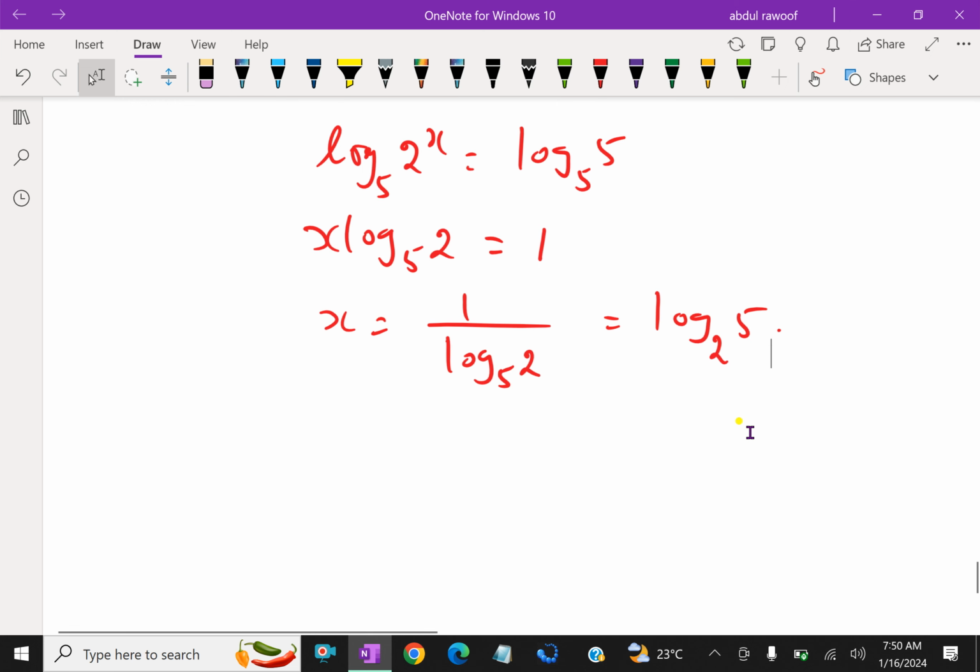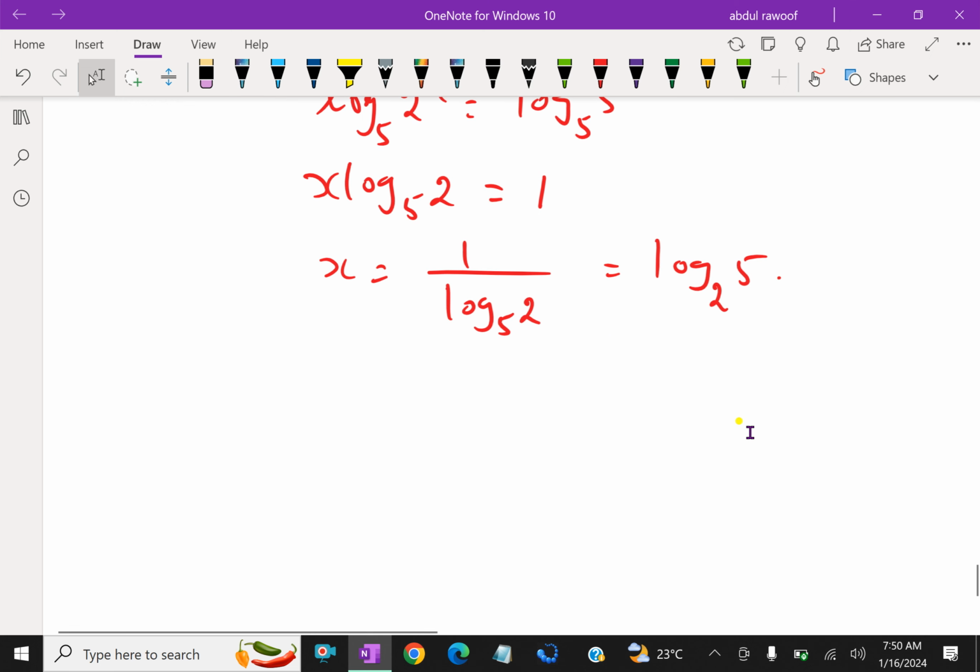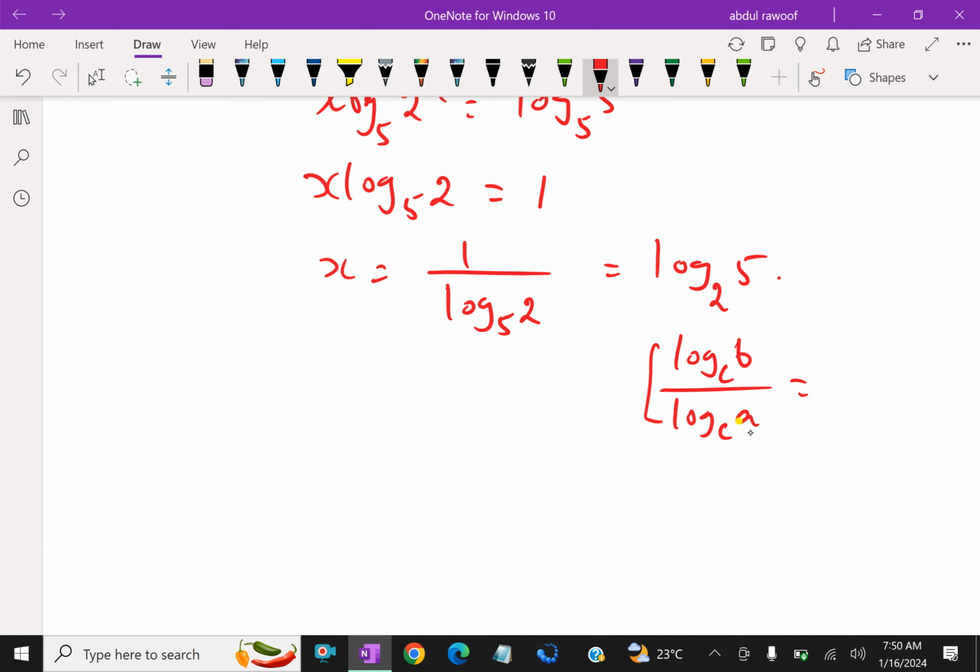This is called the reciprocal rule, or otherwise we can use the change of base rule: log base c of b over log base c of a is equal to log base a of b.